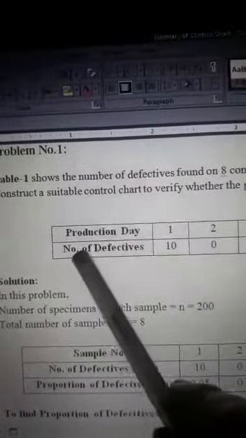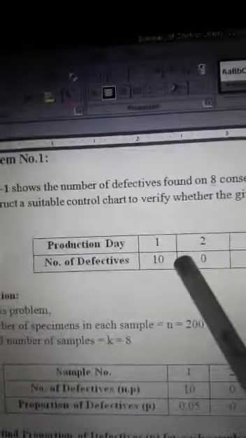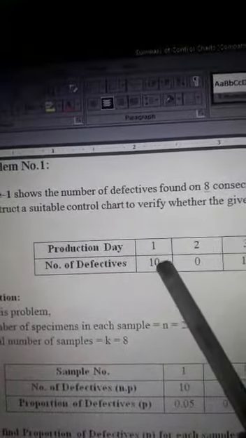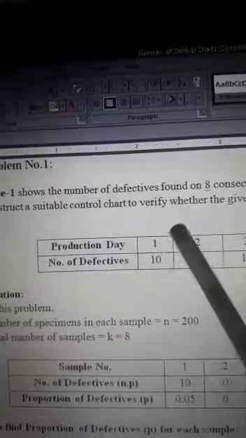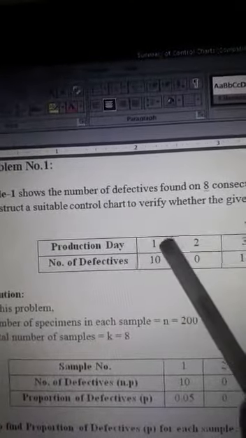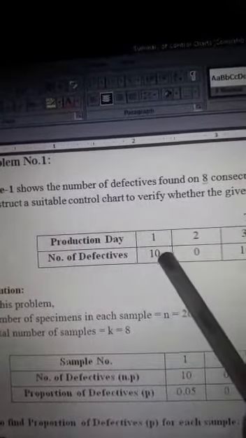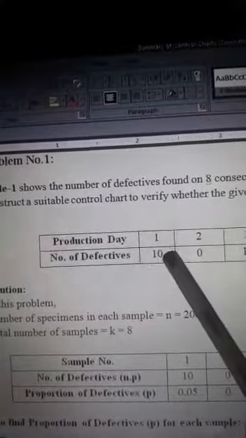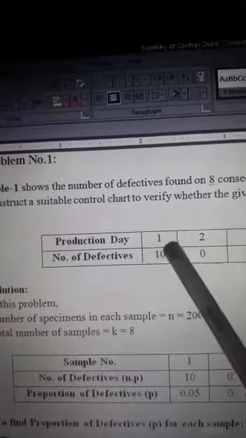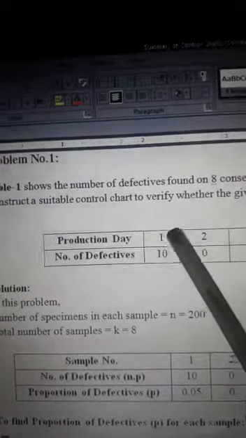Now, what are these? Basically, number of defectives. This means that the number of defectives for sample number 1 is 10. Out of 200 specimens inspected, 10 specimens have been found defective in sample 1.